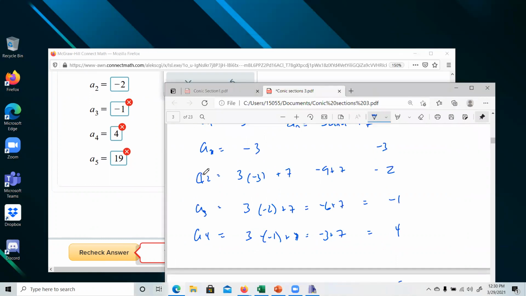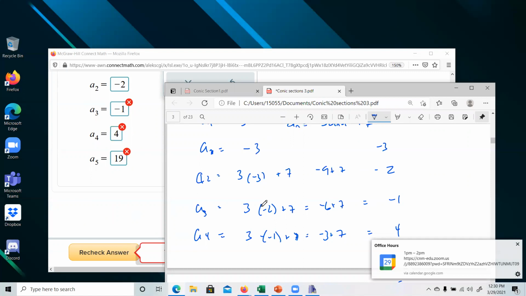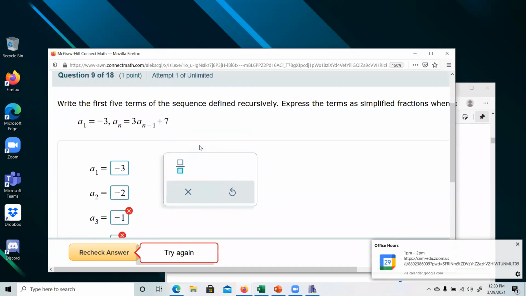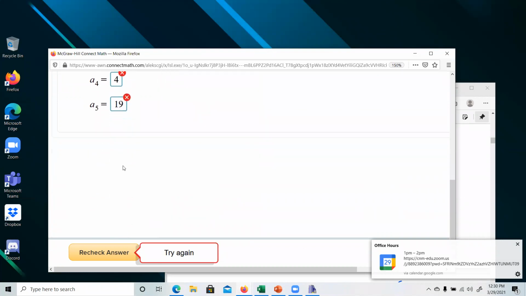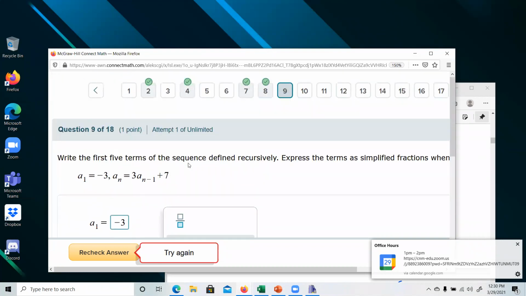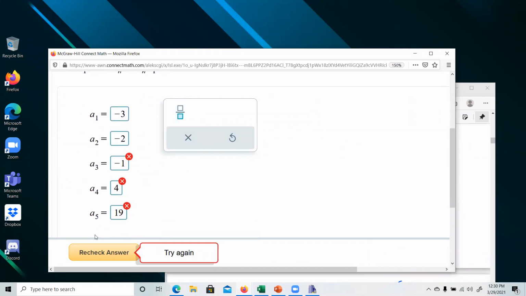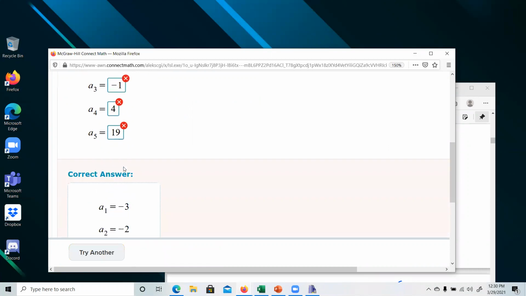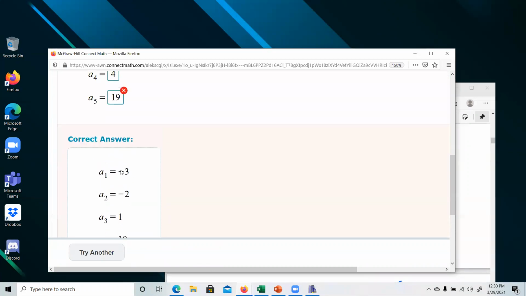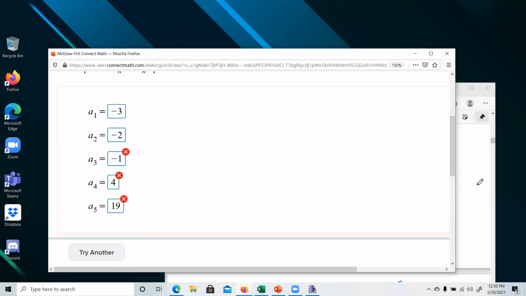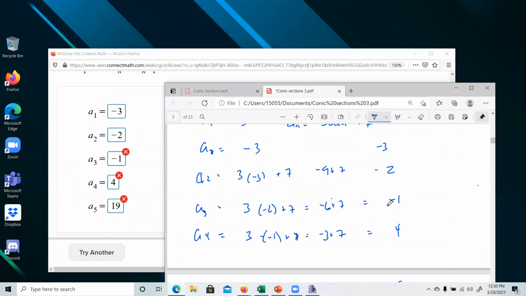So this was 3 times -2 is -6. -6 plus 7 is... I don't know why it ran off the rails for that one. Oh, yeah, 7 minus 6 is +1.